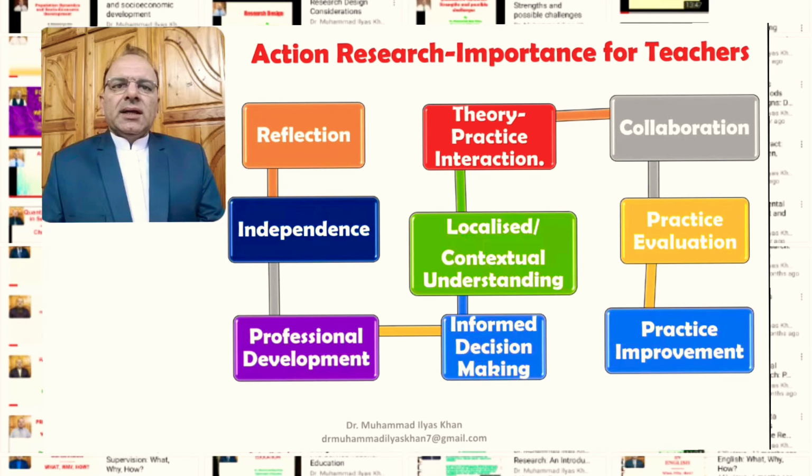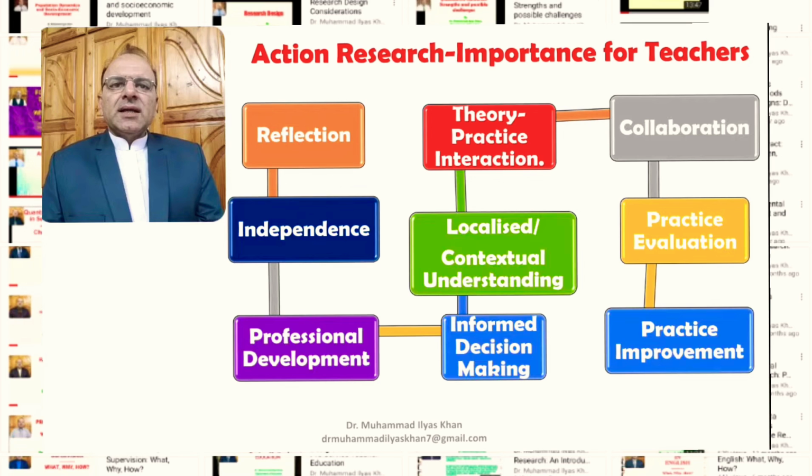So the action research gives teachers the opportunity to reflect on their role as teachers, to reflect on the practices that they do inside or outside the classrooms, and in order to understand and improve those practices. So critically thinking about their practices as teachers is something in which action research helps teachers.